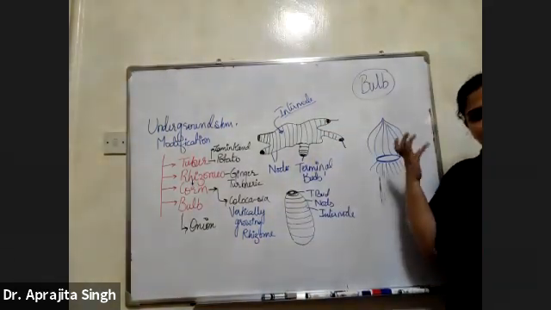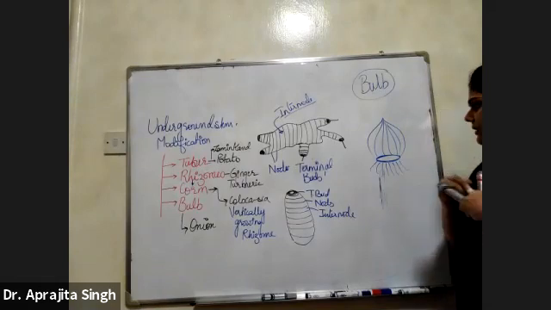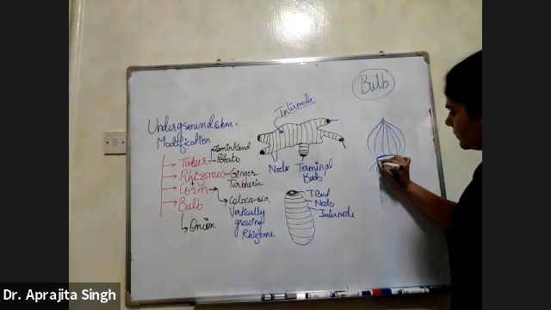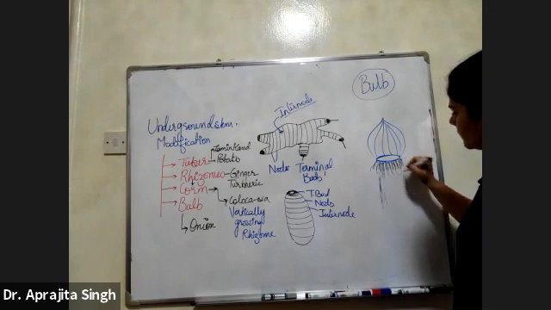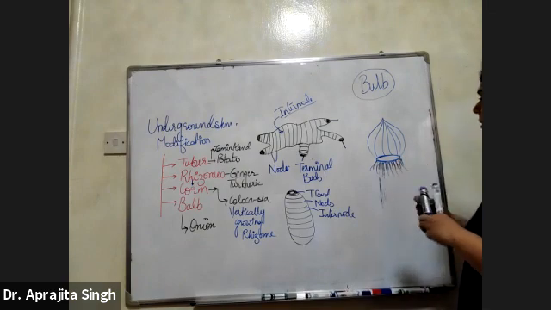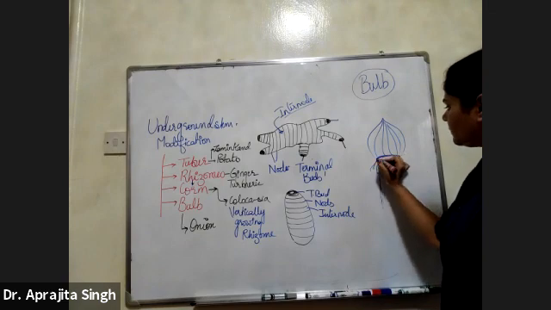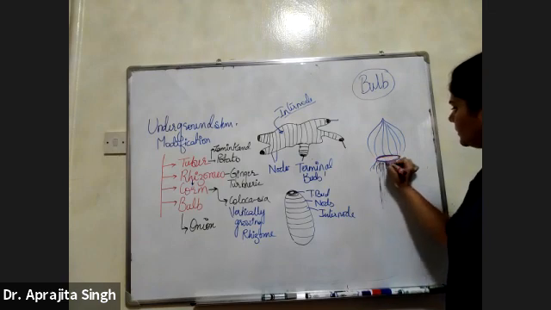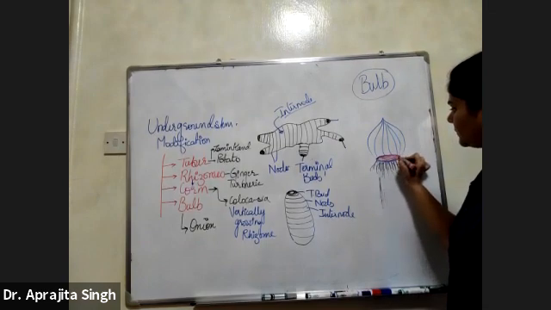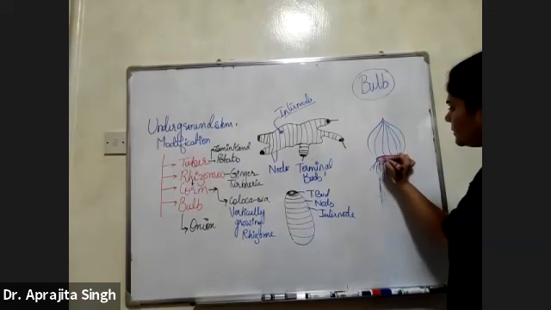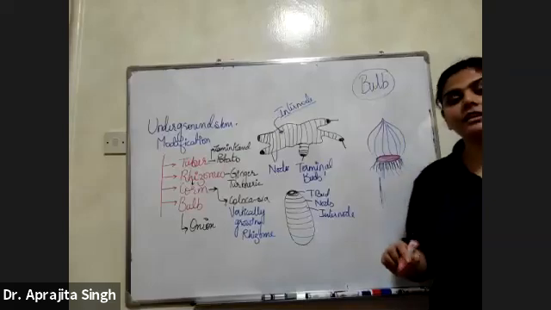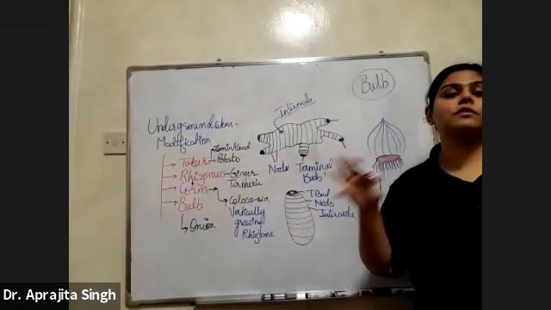This is the somewhat structure of an onion. These are the roots, and this area is the condensed modified stem. After the class, go to the kitchen and observe the onion.